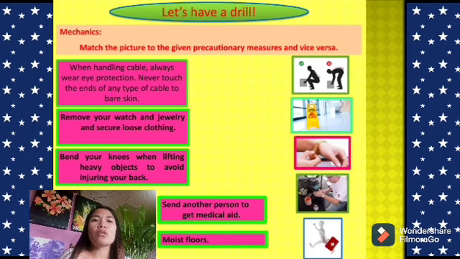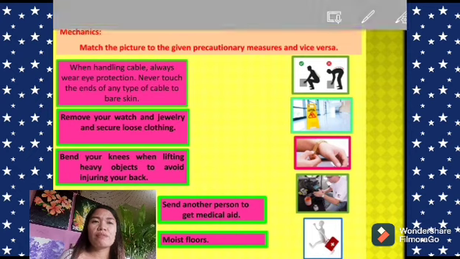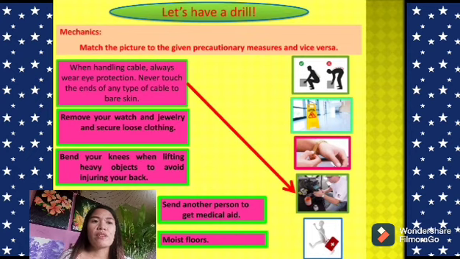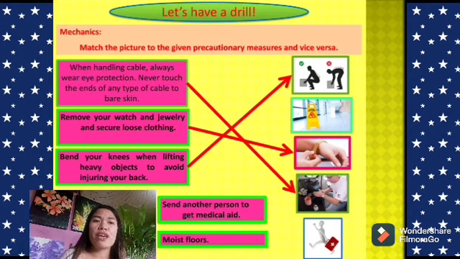When handling cable, always wear eye protection and never touch the ends of any type of cable to bare skin. Okay, that's good. Is it correct? Yes, it is. Next, remove your watch and jewelry and secure loose clothing. Bend your knees when lifting heavy objects to avoid injuring your back.